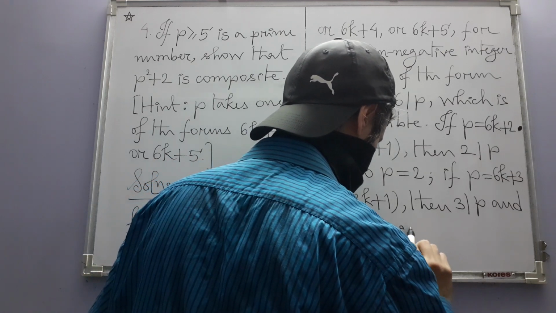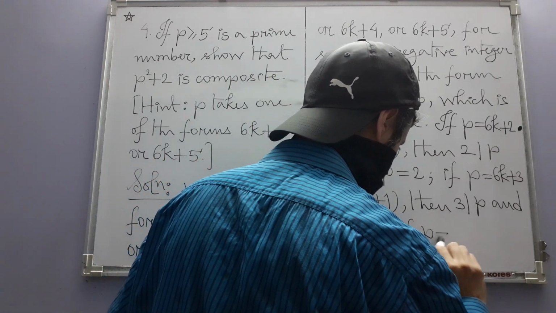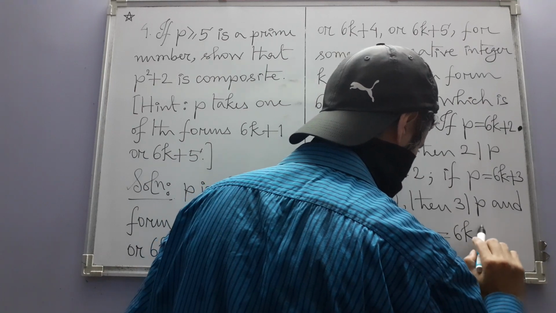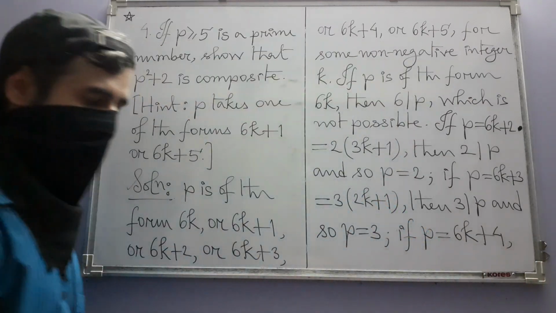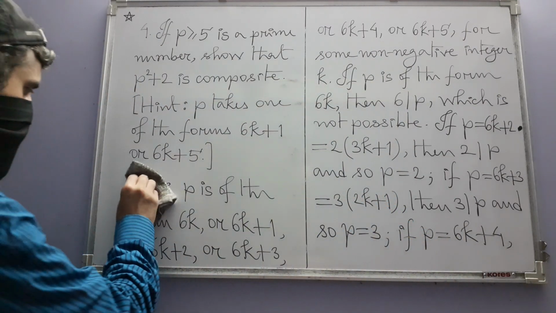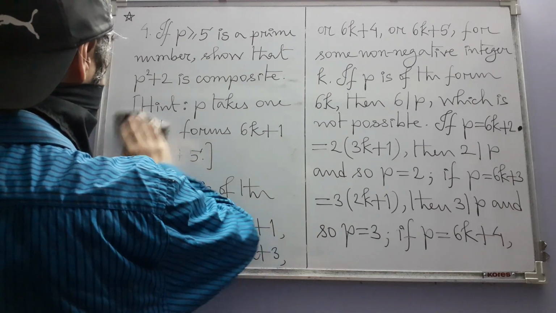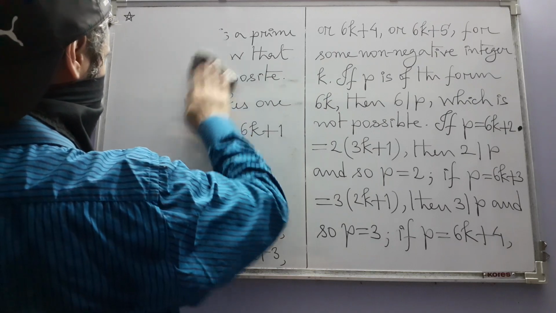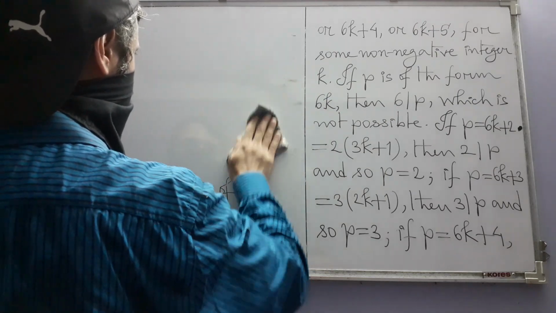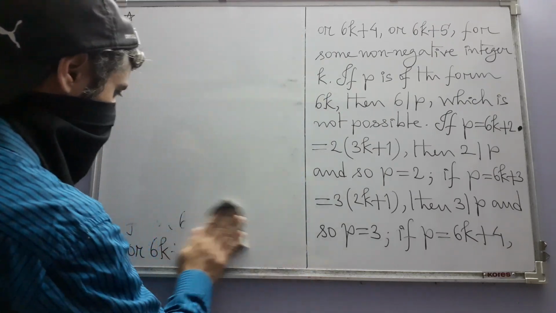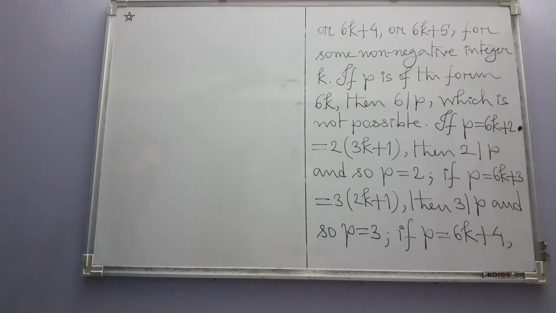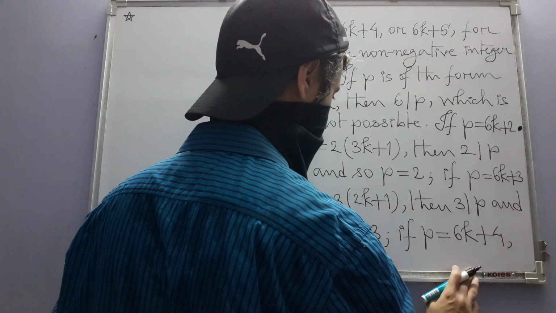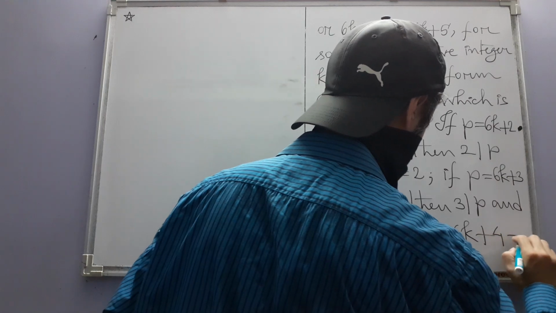And finally, if p is equal to 6k plus 4, then, okay, we can continue this, right?